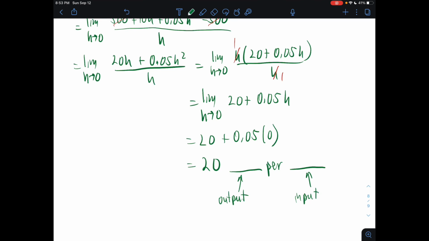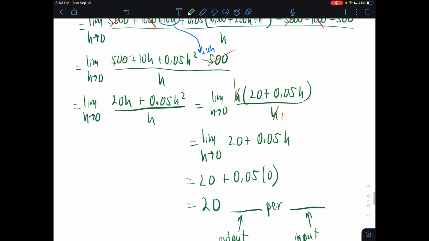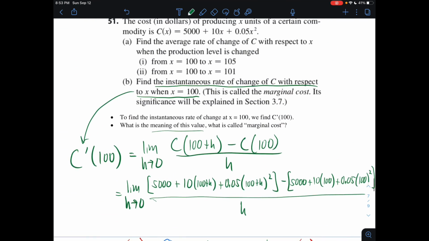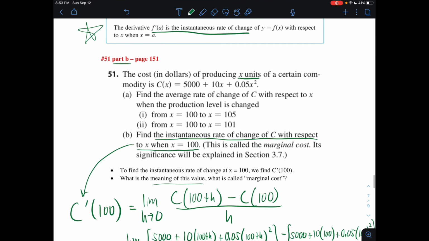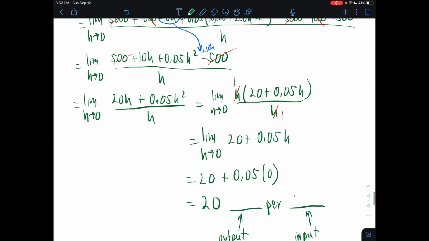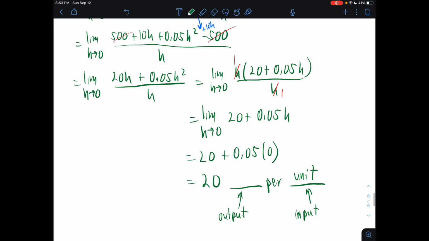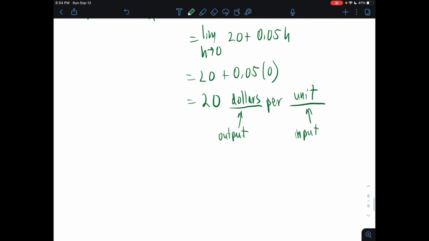In our velocity problem, the input was time. In this case, our input units is just simply the number of items, so units of our commodity. Our output unit of measurement is dollars. And so our answer here is $20 per unit.